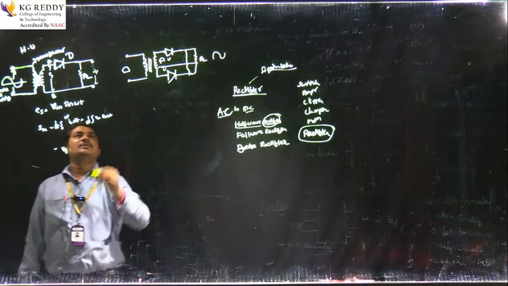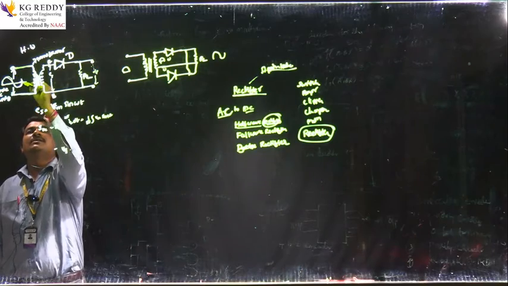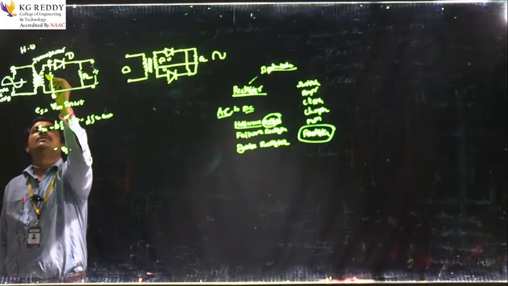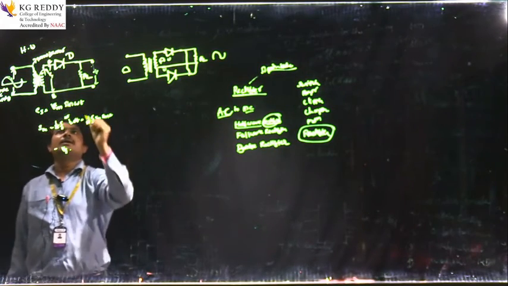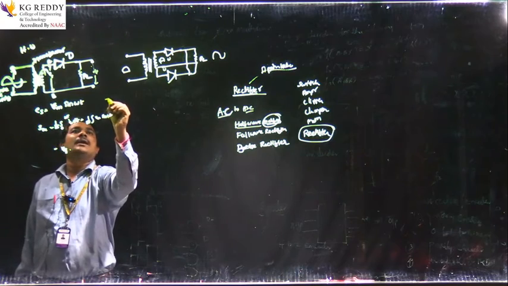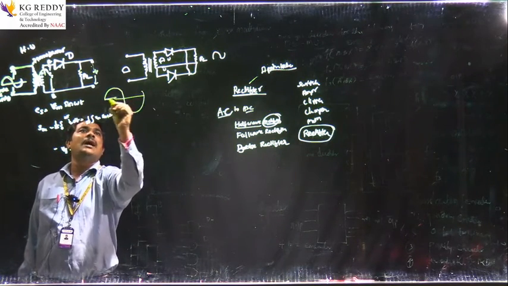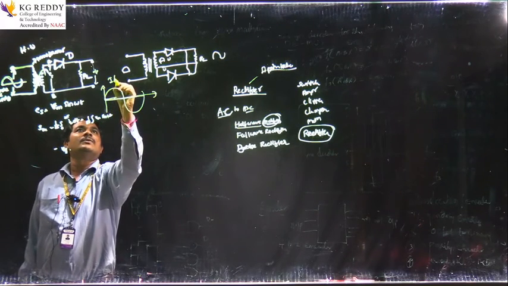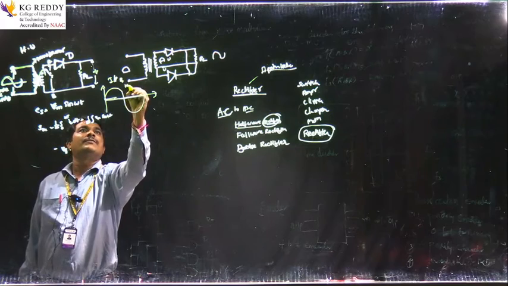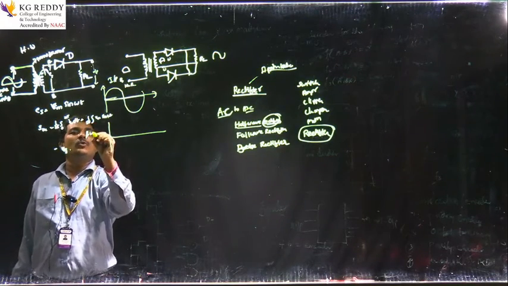Here suppose I am applying a sinusoidal signal at the input. During the positive half cycle applied at the diode, the diode should conduct. Let us take this practical waveform. This is the input of the half wave rectifier, and the half wave rectifier output is coming.